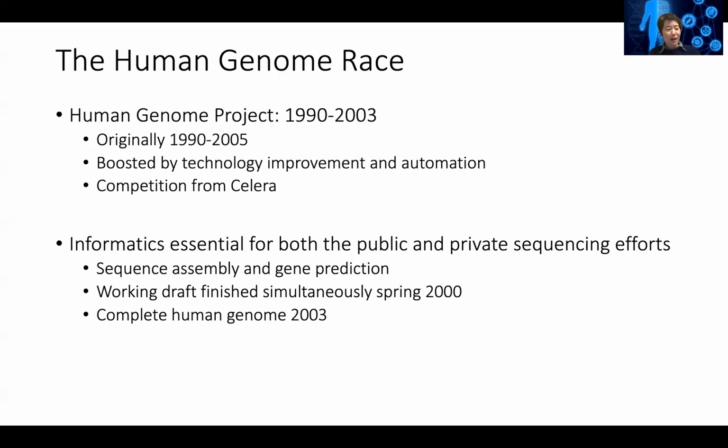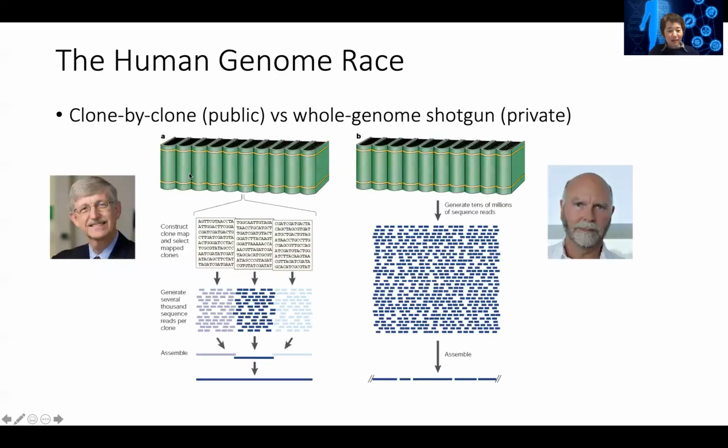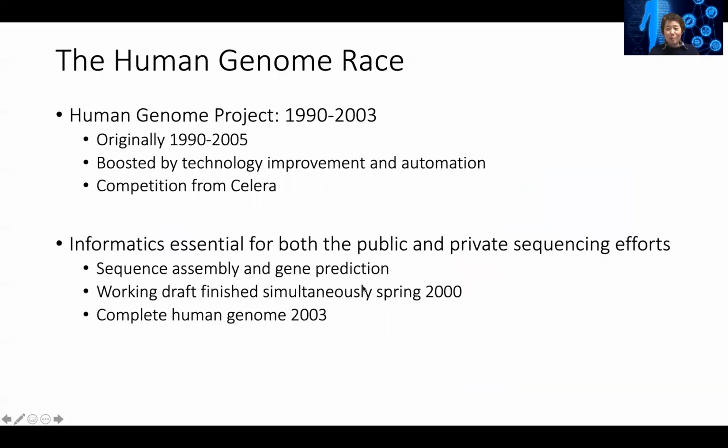And at the end, it was David Haussler and Jim Kent from UC Santa Cruz. They also developed an assembly approach to assemble the public effort, from the pages to the small chapters, to the big chapters, to the whole book together. And so it was actually printed and still warm when the news announcement came around that the public and private efforts finished the draft sequence of the human genome at the same time.